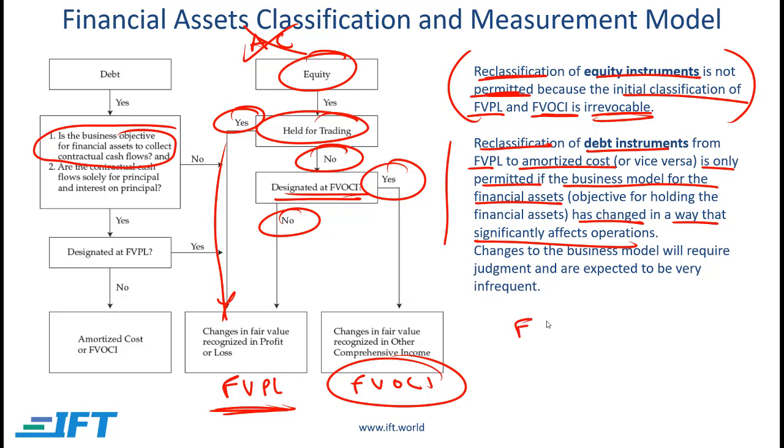So we can go from FVPL to amortized cost or vice versa, but this only happens if the business model changes and the change in business model is having a significant impact on operations. Now, this obviously requires judgment, and one would not expect this to happen very frequently.